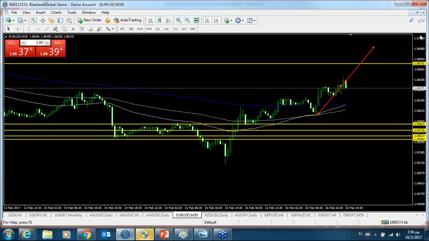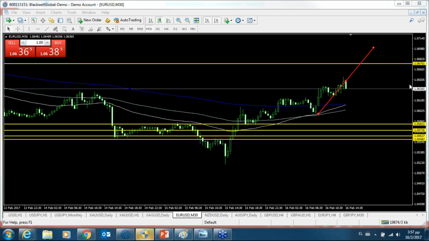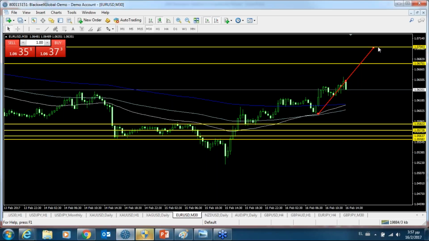Looking at price action itself, 1.0637, to be conservative, I will wait until it goes to 0650. If it does cross 50 towards 60, then the entry will be 0660 onwards, and then you can look into taking profit before it reaches the 0700 area.